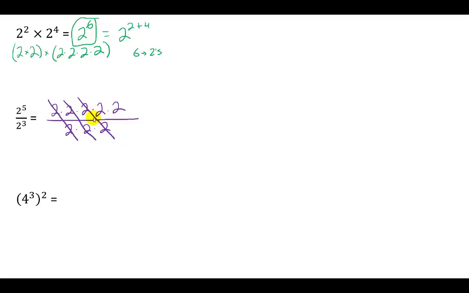I have nothing left on the bottom except for 1's. So this really becomes 1 times 1 times 1 times 2 times 2 on top, which is 2 squared. 1 times 1 times 1 on the bottom is just 1. 4 over 1 is known as 4.